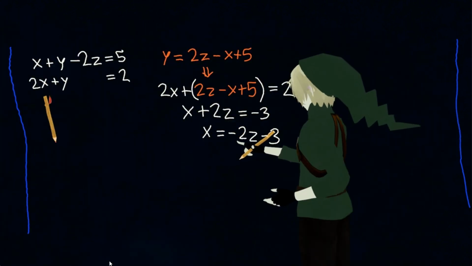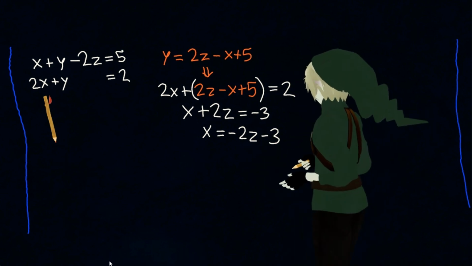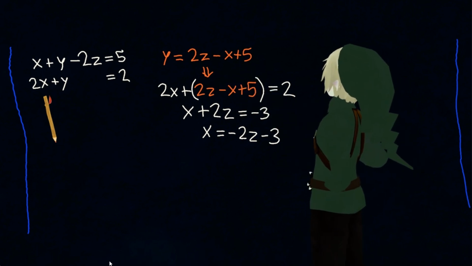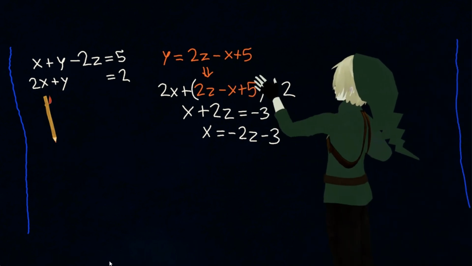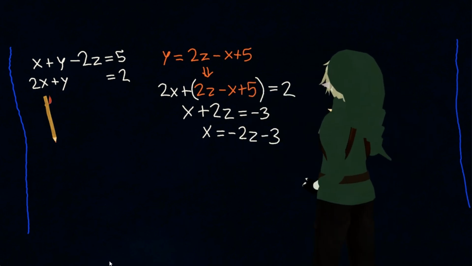So now that we solved for x, we still have z, but don't worry about that. For now, we have y. y is equal to, well, we could plug in x here, right? x is in terms of z.